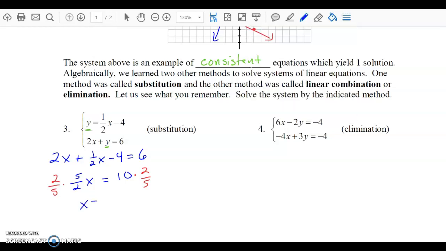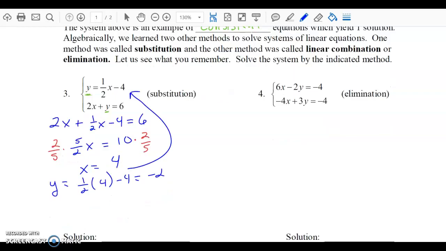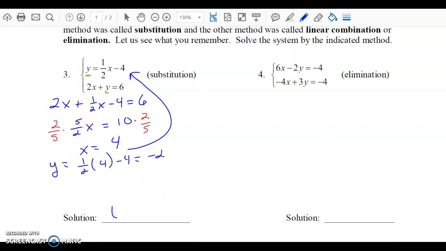And we're going to get x equals 4. Now to find y, we can go back up to the first equation, plug in x, 1/2 times 4 minus 4, and we get negative 2. So our solution to this problem is always an ordered pair of 4, negative 2.